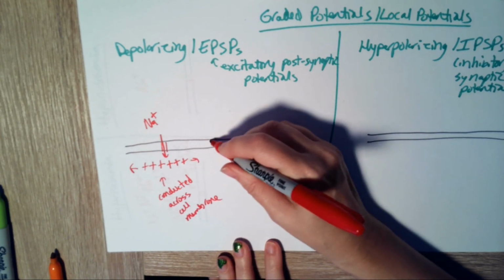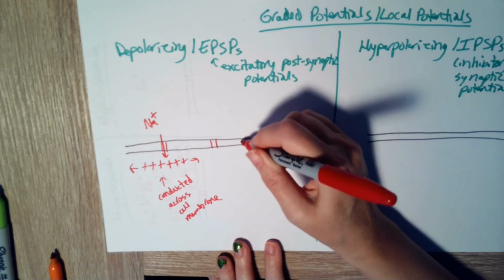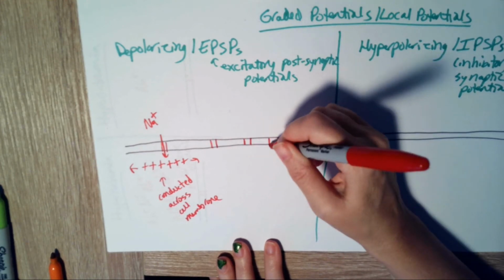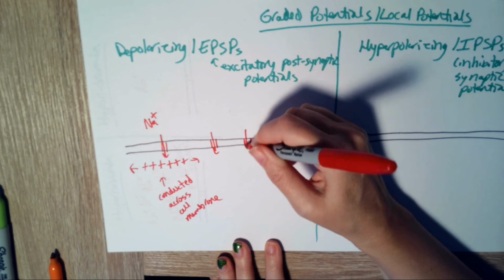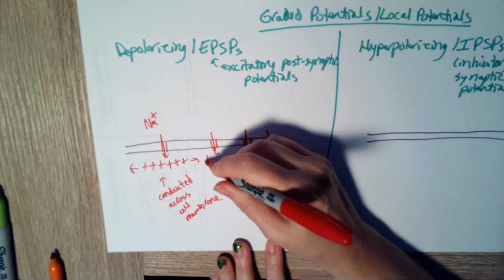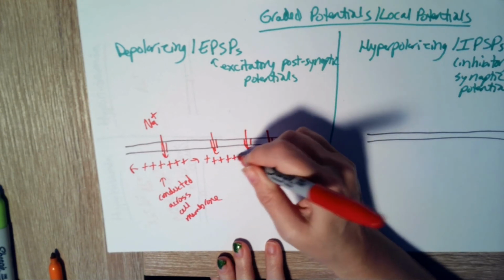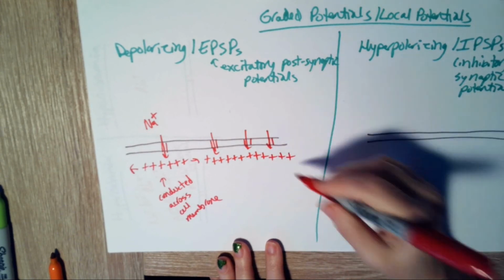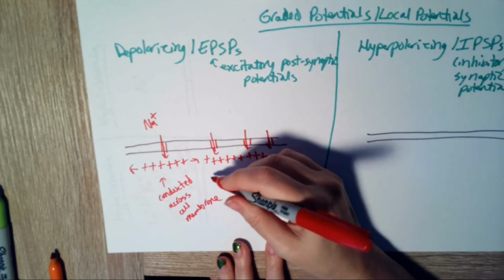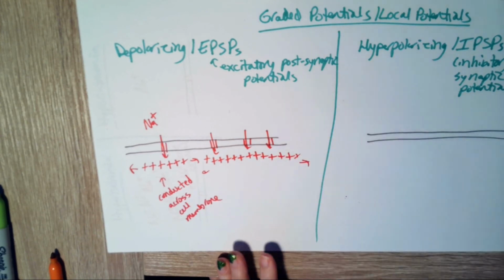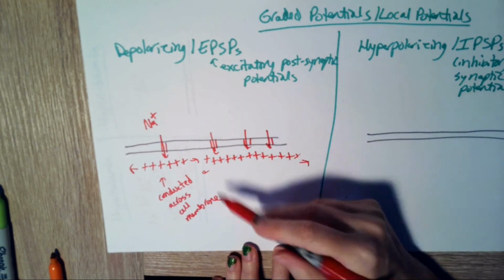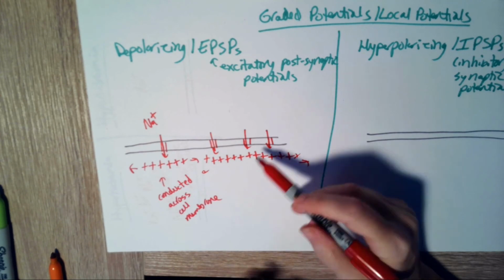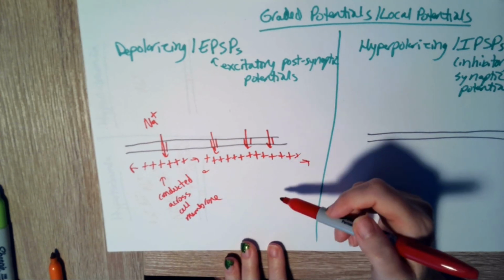But if we open a bunch of chemically gated channels, now we can have more sodium coming in. There are stronger depolarizing graded potentials, or EPSPs. They're all diffusing around and added together, so we have a much, much stronger EPSP, a much stronger stimulus.